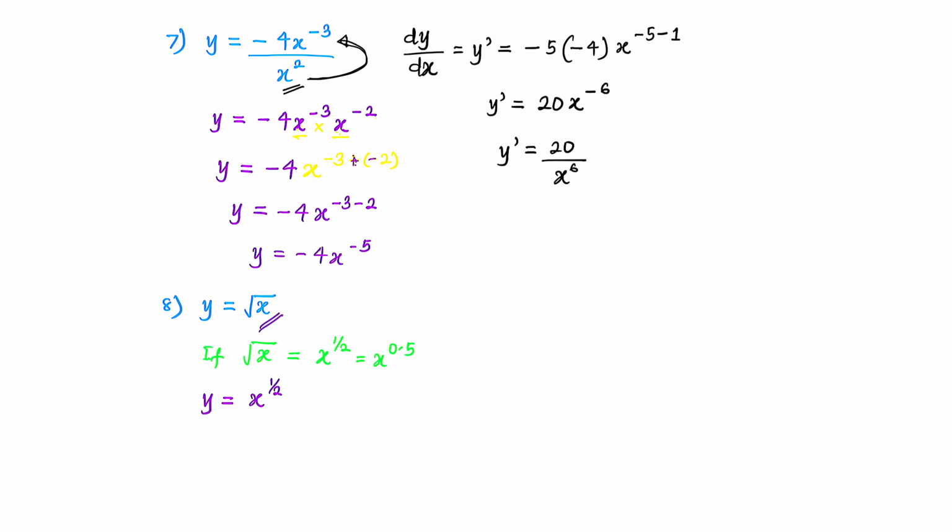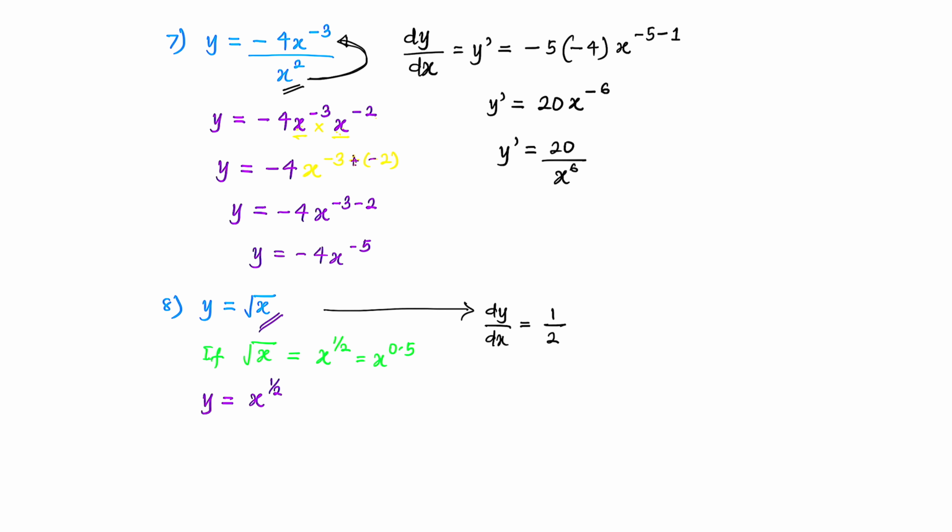So dy/dx equals, we take this power, which is half, we bring it down, multiply with the existing coefficient. In this situation, of course, we know that the coefficient beside x here is 1, but there is no need to write it since anything multiplied by 1 is that value.